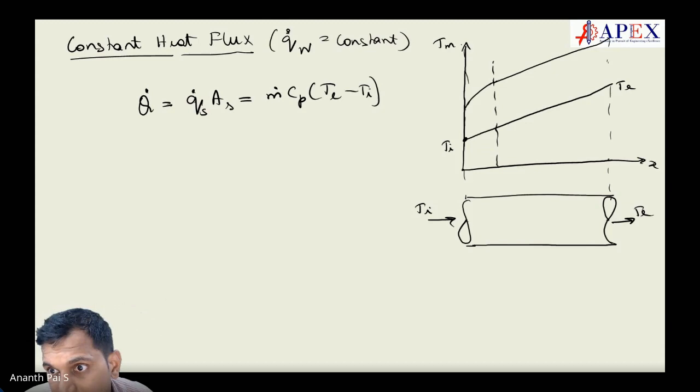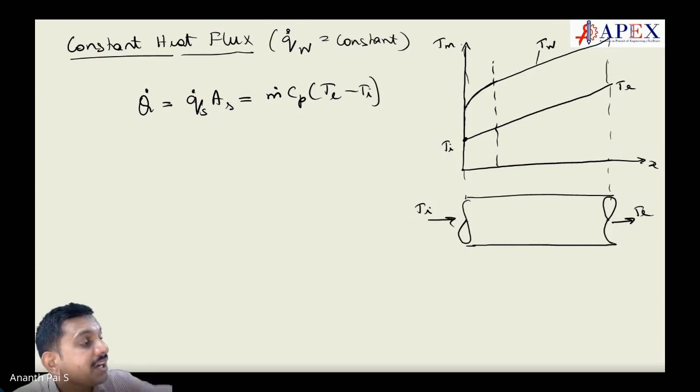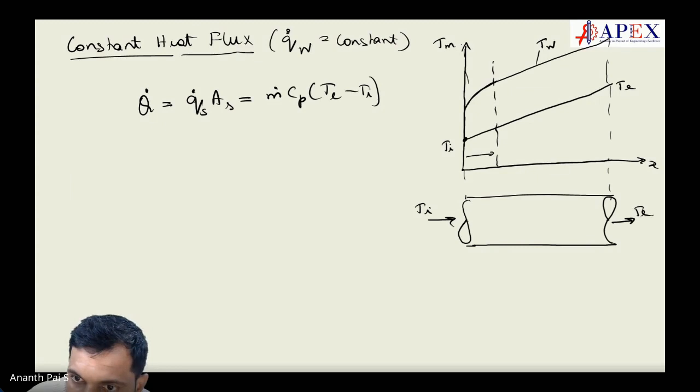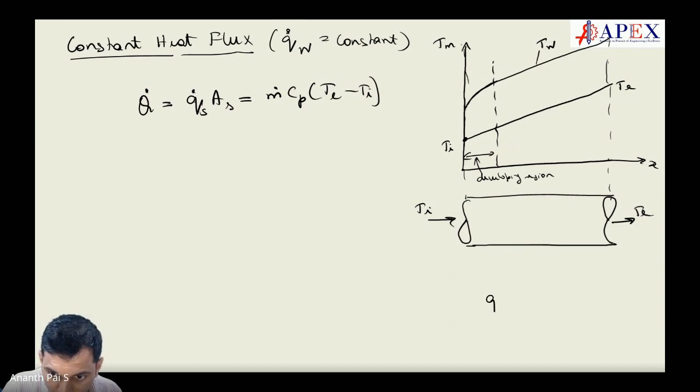So it will go here. This is the T of the wall. Why am I keeping this T wall lower here? I'm keeping the T wall lower because heat transfer coefficient is more in the developing region. This is the developing region. Make sense?